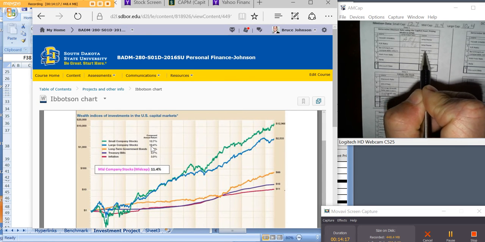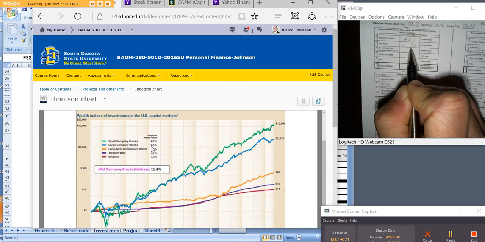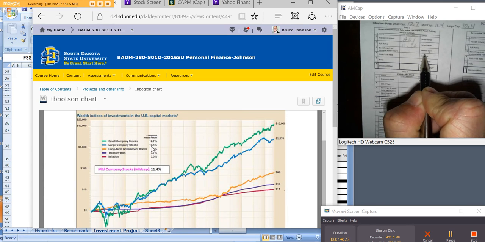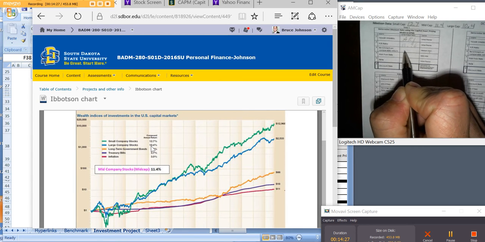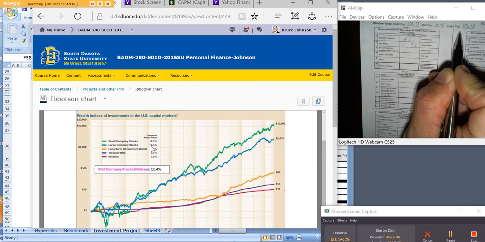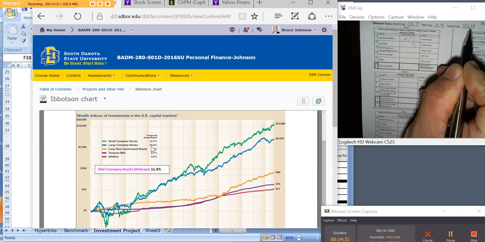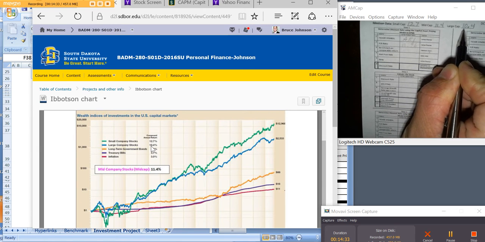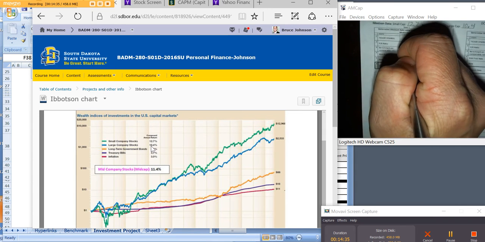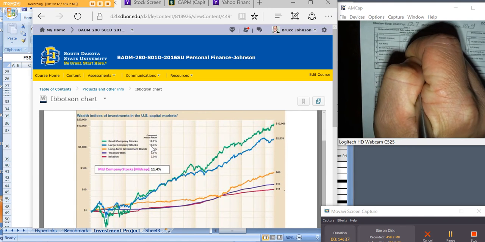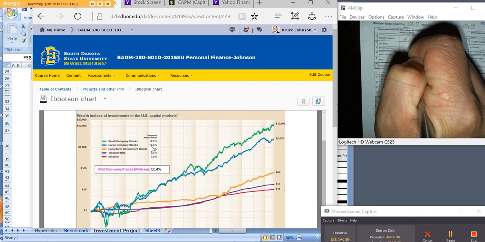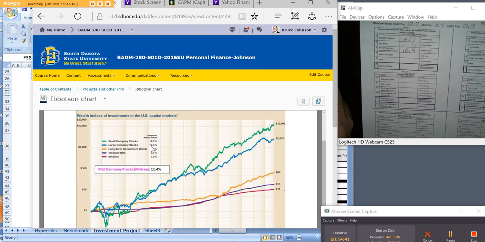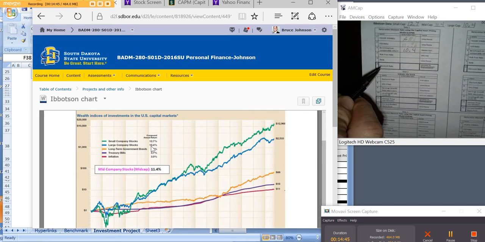Up here shows you the source of where to get this information. So we know that AFLAC is a large company stock, large cap stock, and that's where we get this information. So I'm actually just going to pull this down from right up here. From the Ibbotson chart, we learned that 10.4 is the average rate of return over the last 70 years that large company stocks have earned.